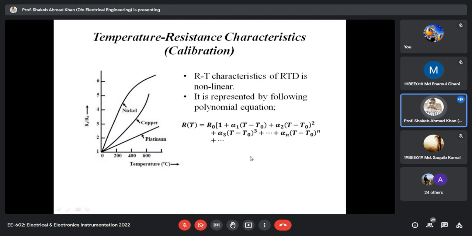Now I'm coming to the second part that is very important: the temperature resistance characteristic. As I told you earlier, what is calibration? I explained this calibration with your strain gauge also.